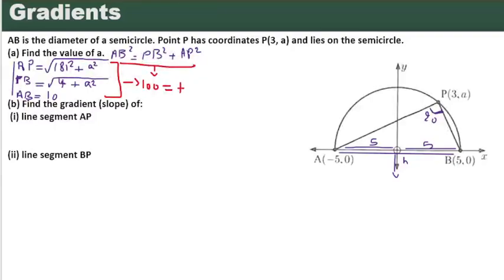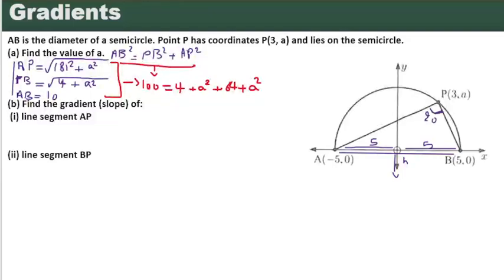I will get rid of the square root, so it would be 4 plus a to the power of 2, plus AP to the power of 2, which gives me 8 to the power of 2, which is 64, plus a to the power of 2.